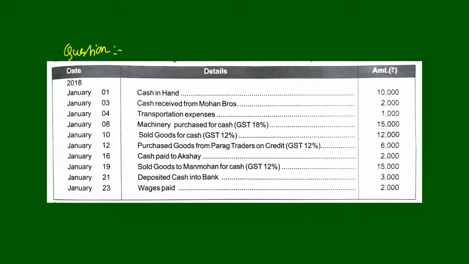Here it is written: date 2018 January 1, cash in hand; cash received from Mohan Bros; transportation expenses; machinery purchased for cash, GST will be there; sold goods for cash, GST will be there; purchased goods from Parag Traders on credit; cash paid to Akshay; sold goods to Manmohan for cash; deposited cash into bank; then wages paid.